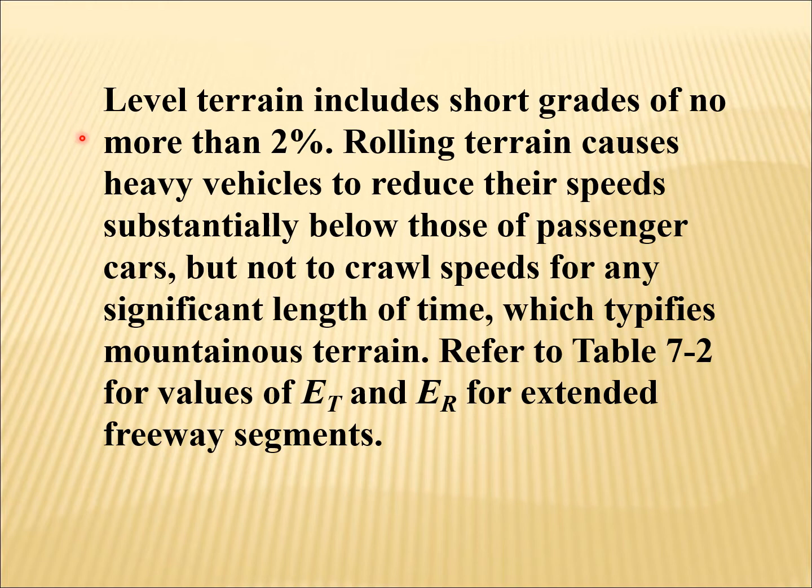Rolling terrain causes heavy vehicles to reduce their speed substantially below those of passenger cars, but not to crawl speeds for any significant length of time, which typifies mountainous terrain. Refer to Table 7-2 for values of E sub T and E sub R for extended freeway segments.